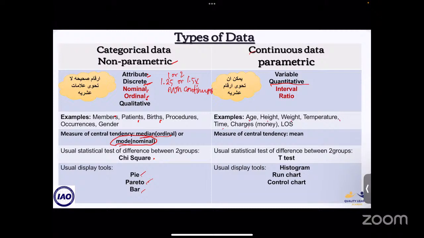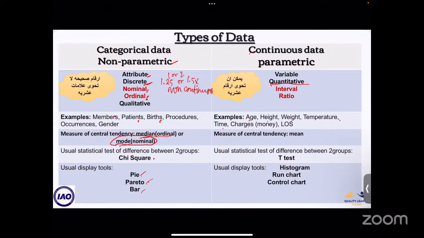For the ratio data, these data points have a meaningful zero, and both differences and ratios between values are significant. I will delve more into this later during our discussion. Examples of ratio data are blood pressure measurements, for example, the systolic to diastolic ratio, also height or weight.